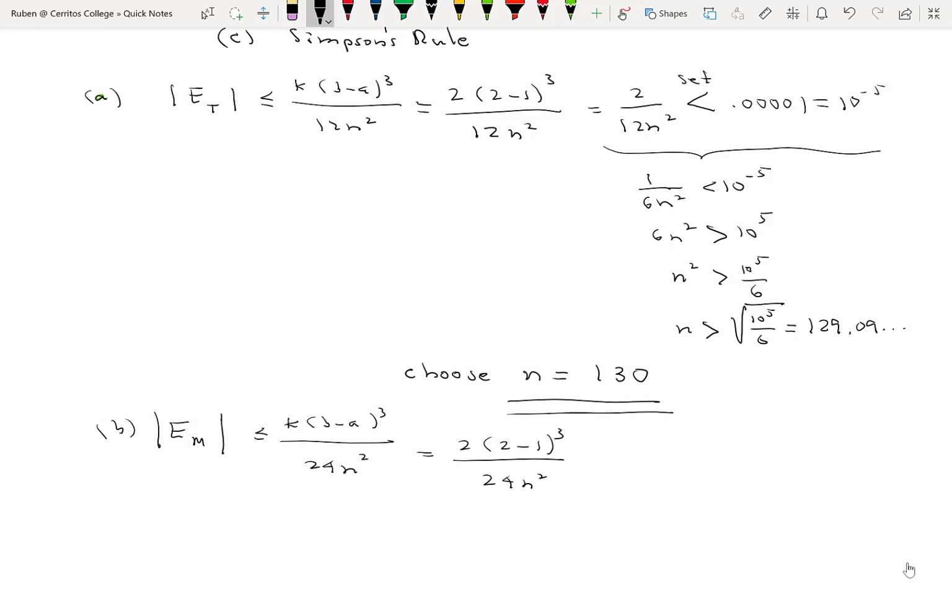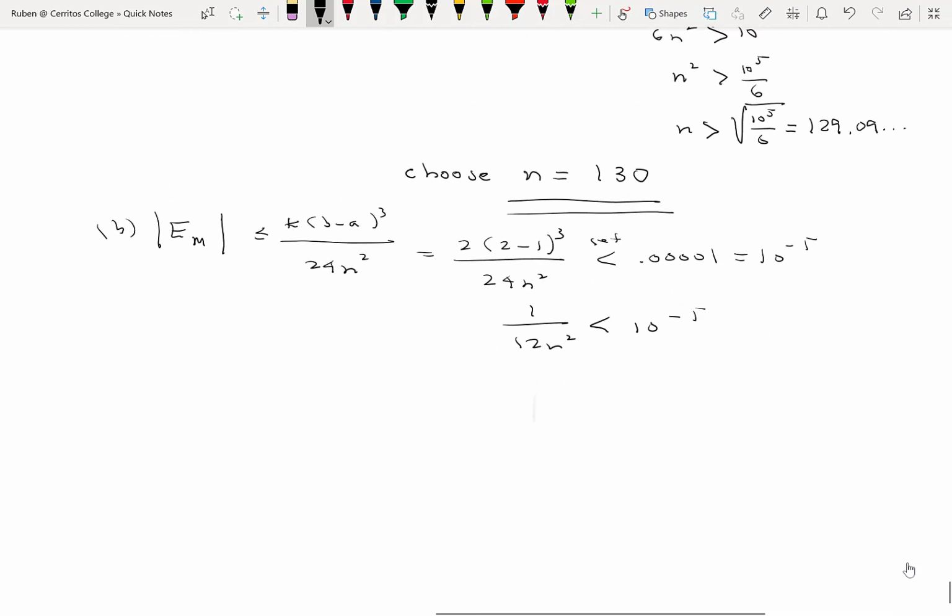Then we set that less than, not less than or equal to, just less than 10 to the negative fifth, the same 0.00001. So we get 1 over 12 n squared is less than 10 to the negative fifth. I'm going to skip the steps here. The steps are the same as they were in the previous part.